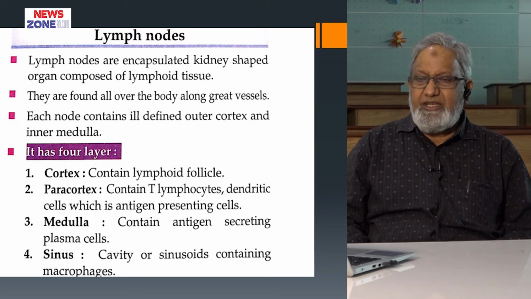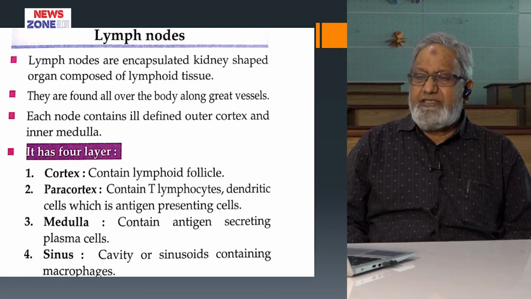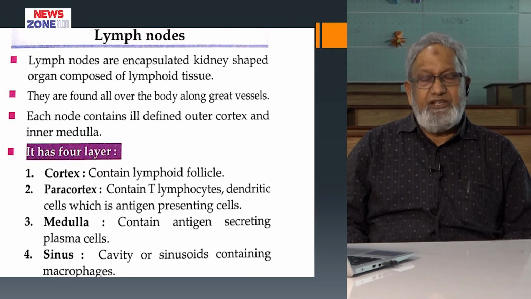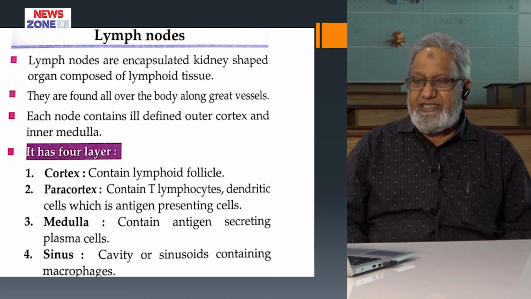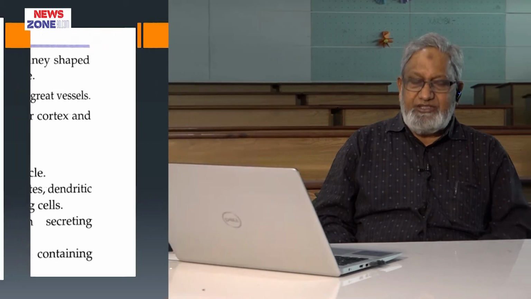If we divide the lymph node, the cortex contains the lymphoid follicles, and the paracortex mainly contains T lymphocytes and dendritic cells, which are antigen presenting cells. The medulla contains antibody secreting plasma cells. The sinuses contain macrophages.